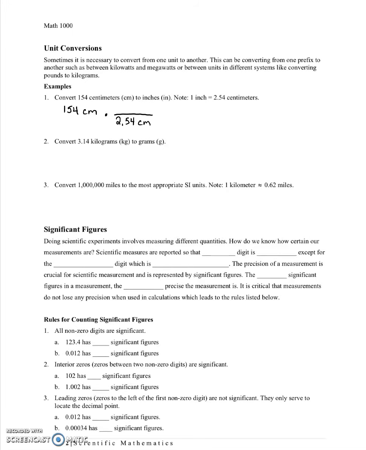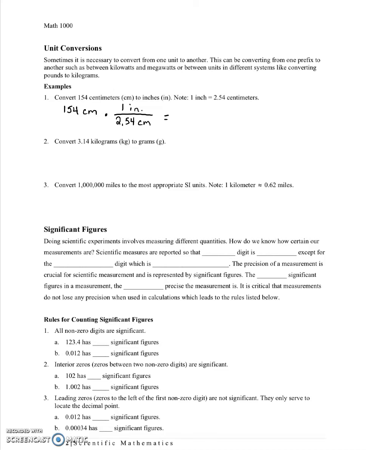And 2.54 centimeters, we have said, is 1 inch. So now we do 154 times 1 inch divided by 2.54 centimeters.